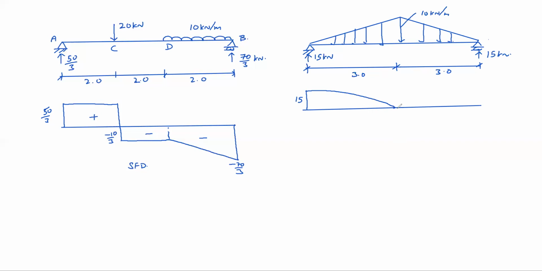Then from this central point, let us assume A, B, C, from C to B, what is the variation? Yeah, the slope should decrease and it should become 0 there, like this. Then it is 15 here. So this is the SFD, plus minus. Okay.